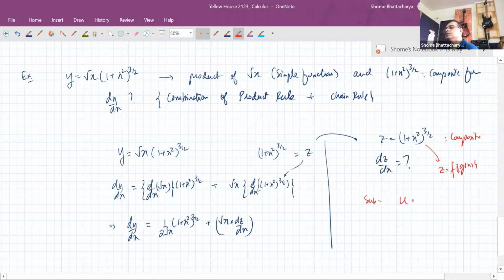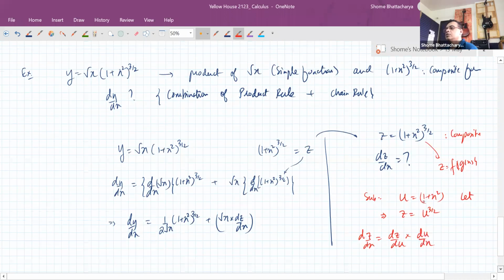You can just use some other variable name. U is, let's say, equal to 1 plus x squared. So z becomes u to the power 3 by 2. So the chain rule step now becomes dz by dx is dz by du into du by dx. So we're just using different names, but rest of the things are same.